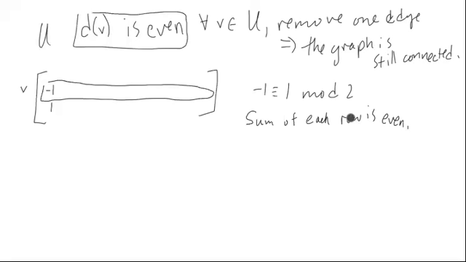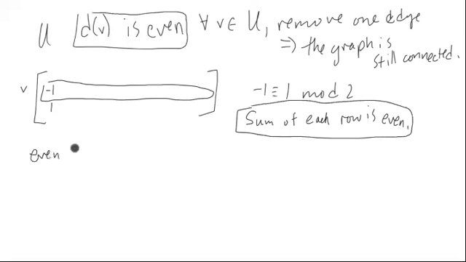Now, it is true that at worst you have to have an even number of rows that have an odd sum. In our particular case, we're going to make this assumption, but in general, we have to have an even number of rows.